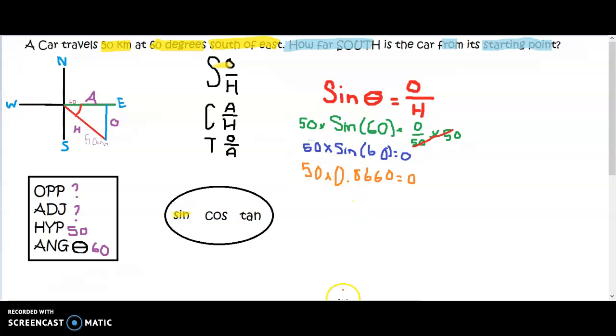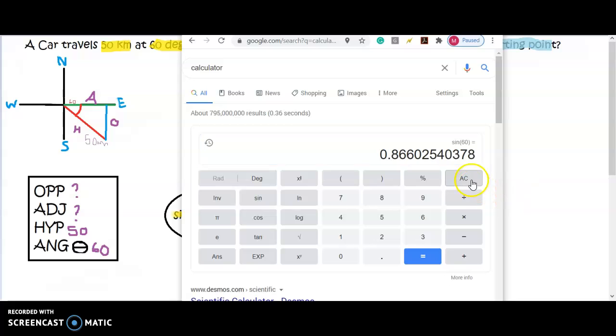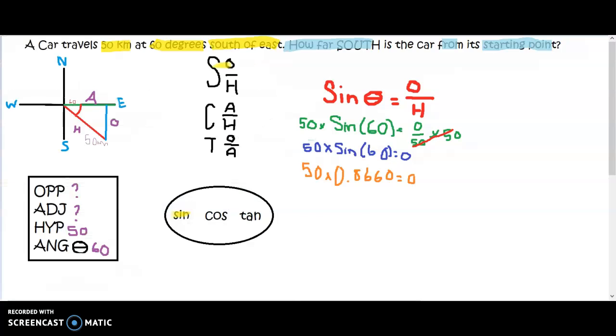Now, to get the answer, you put this into the calculator. I know my 0 looks a little bit wonky. 50 times 0.8660. What do we get? Our final answer, let's do this in blue, we get 43.3.